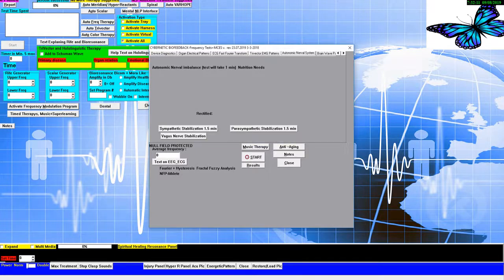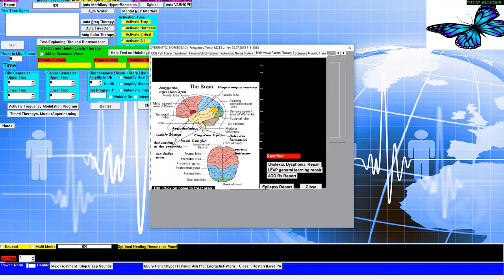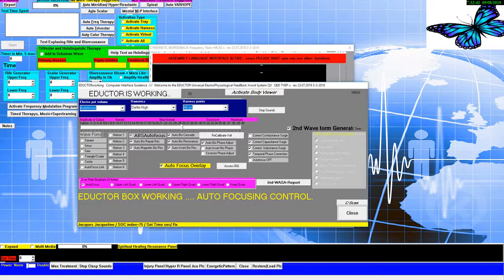And the system will tell me what is reactive today. Okay, and then I can work on each part. I can work on the brain wave here, and it will tell me all the brain waves that need to be balanced, and mainly some of the challenges, some perturbation in the brain.